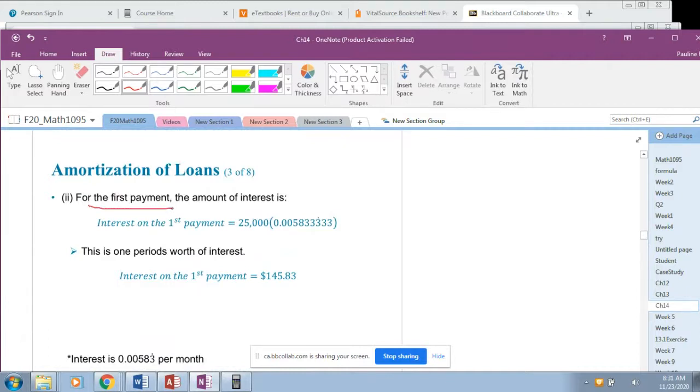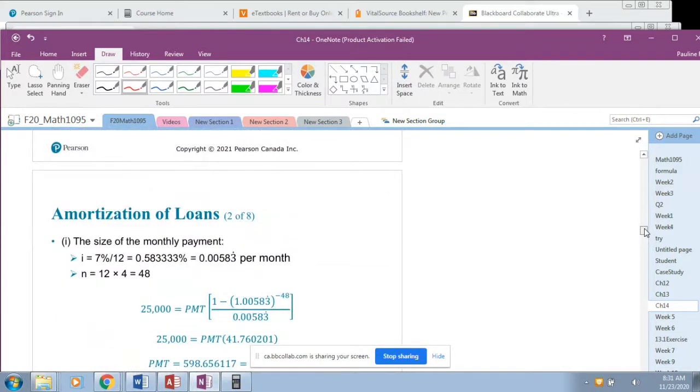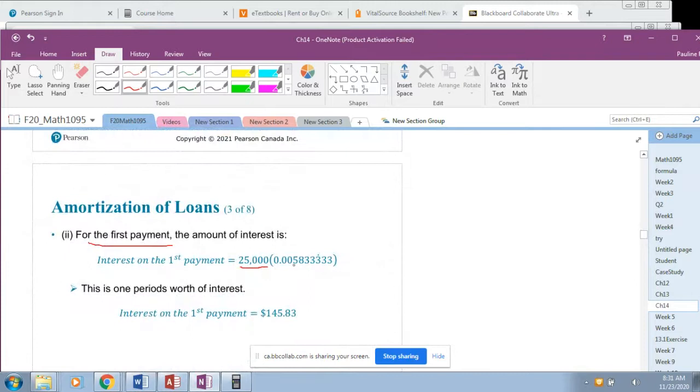For the first payment, how much is the interest? Interest is the original loan amount times the interest rate. And how do you get 0.0058? You use 7% divided by 12. So this number is the result of 7% divided by 12. And the result of this calculation is 145.83.